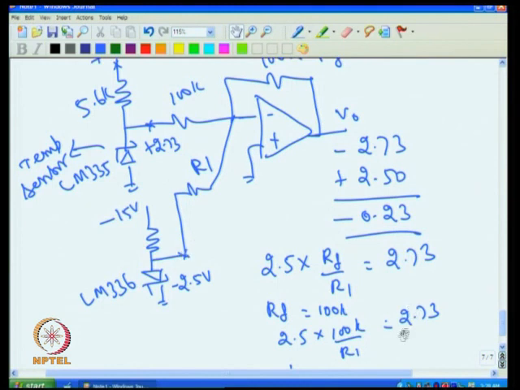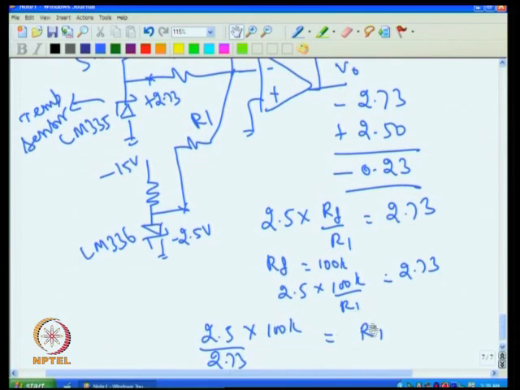So I have to put this value of R1 here. If you work out, it may come to this, but you don't find even that value readily available. So normally what is done is this will be around 82K. So what I will do is I will put one more additional resistance here, for example 82K and a very small variable resistance here, and that should actually cover this range.